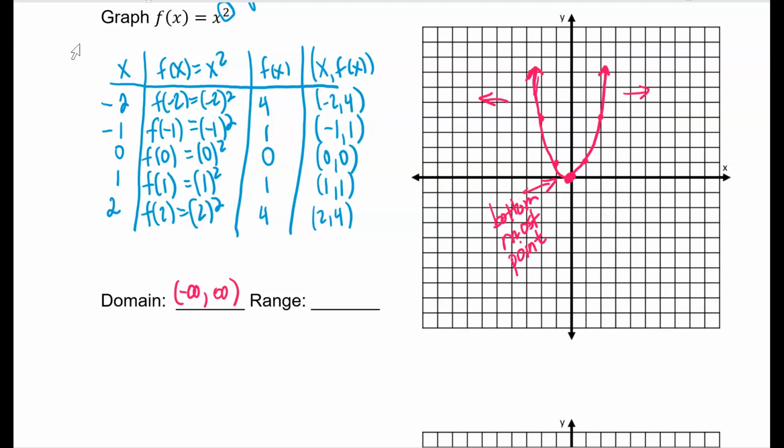The bottommost point is 0. And we're going to put a bracket there because it is actually including the 0. It's touching the 0. And if we look at the topmost point, notice that the top is continuously going to positive infinity.